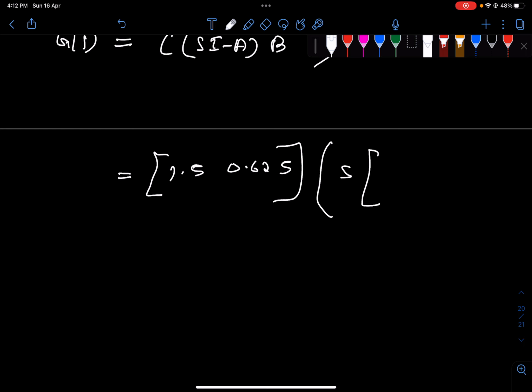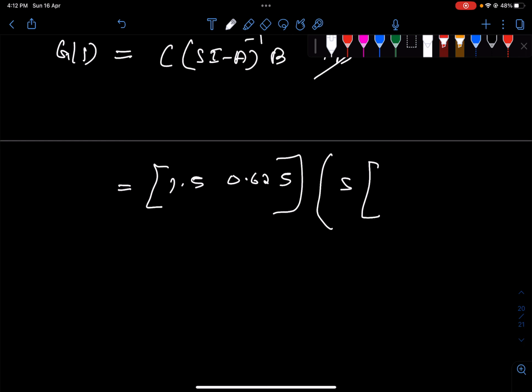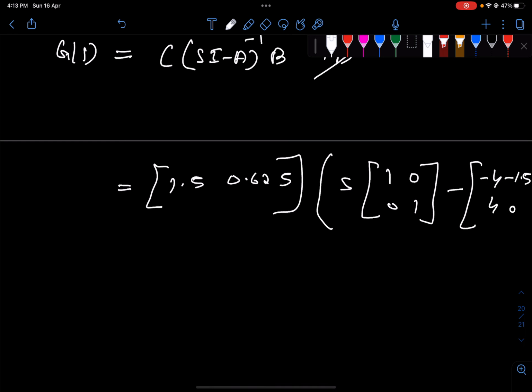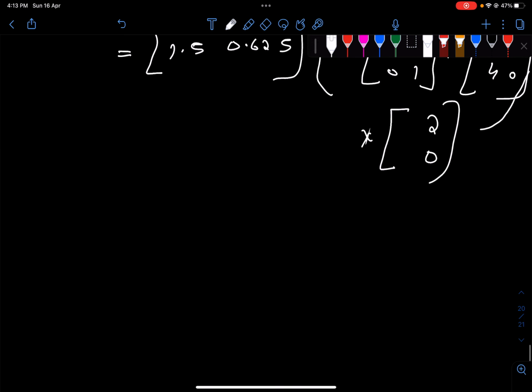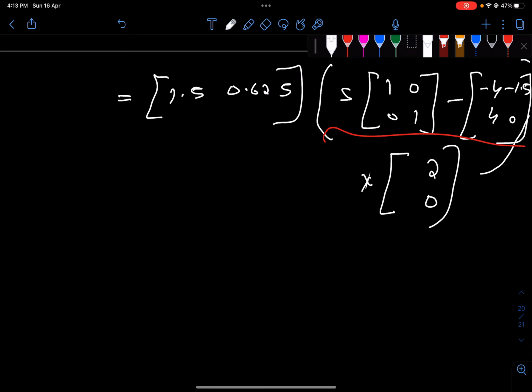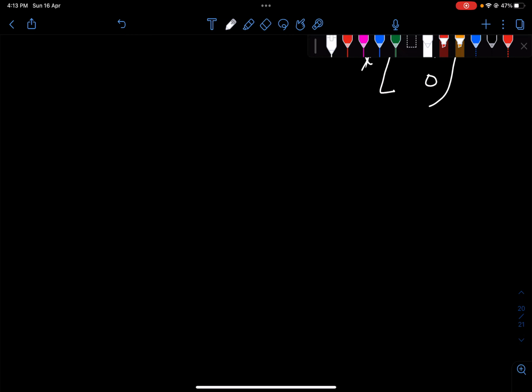Here A is n by n, and we know A is 2 by 2. So for subtracting, the sI also should be the identity matrix corresponding to 2 by 2. So it is the 2 by 2 matrix s times identity minus the A matrix, [minus 4, minus 1.5; 4, 0], whole inverse, multiplied with B. What is B? [2; 0]. Right. So first we can find this inverse, then we will put it in the equation.